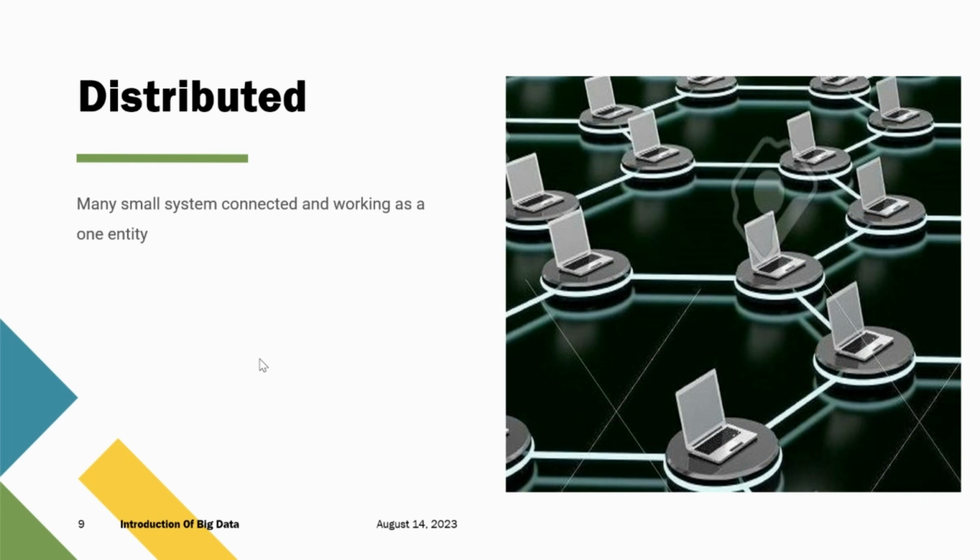But here all the systems are connected together and working as nodes. All the systems have different processors, and all will be used for parallel processing. So this is called distributed.